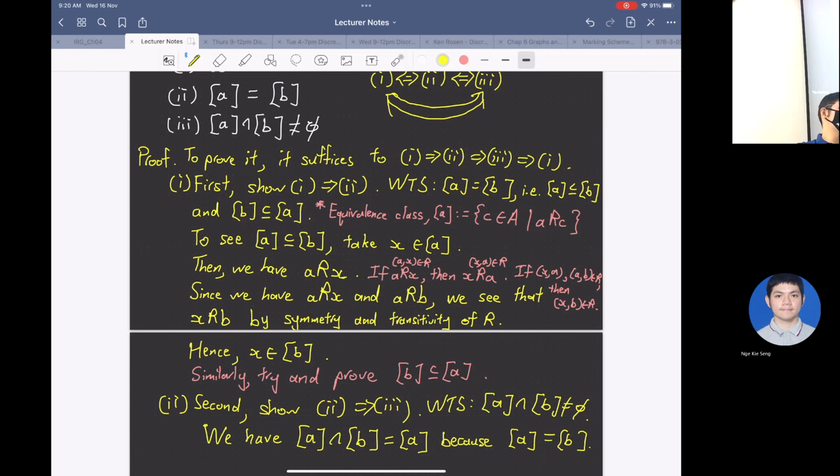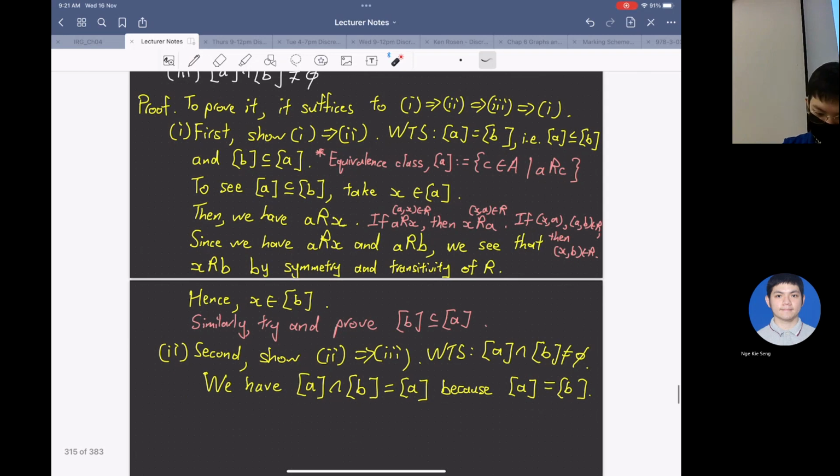Can you find some element inside the set? These are the elements that are equivalent to A. In particular, what element is there? A.